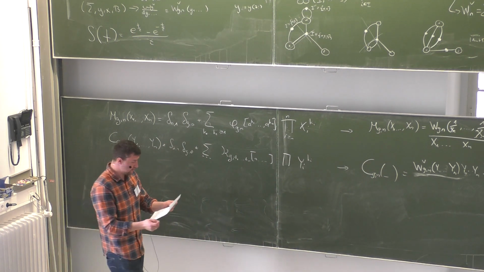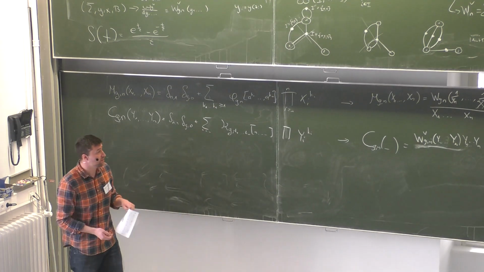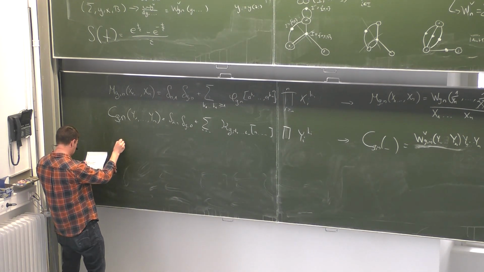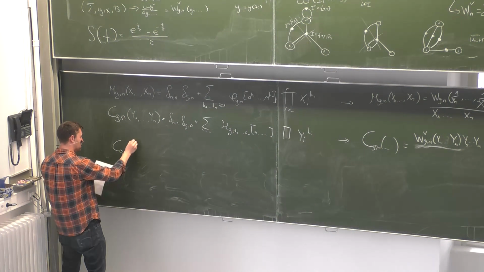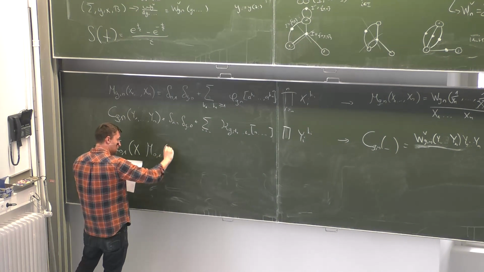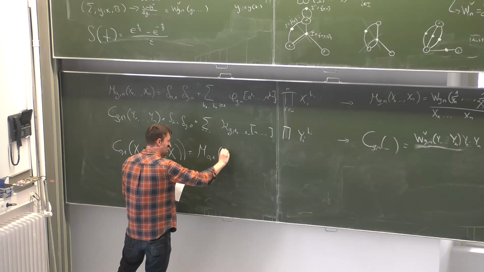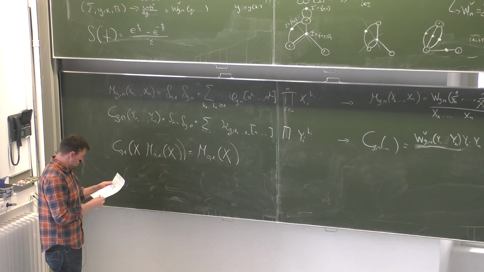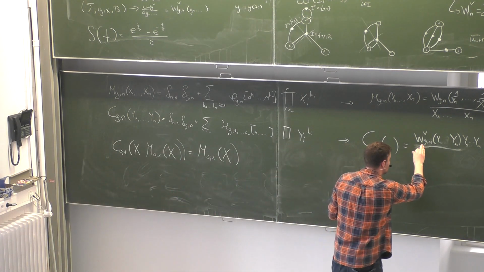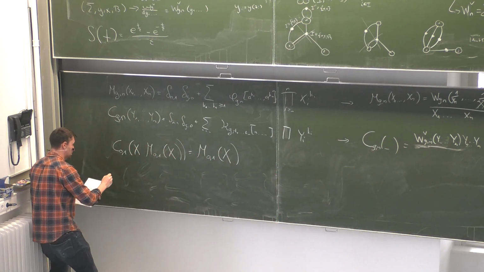Just to see, all this business in free probability started with Voiculescu and his R-transform, which was of this form, in my notation: C_{0,1}(x M_{0,1}(x)) is equal to M_{0,1}(x). Now, using this definition here for g equals 0, n equals 1, let's do it.